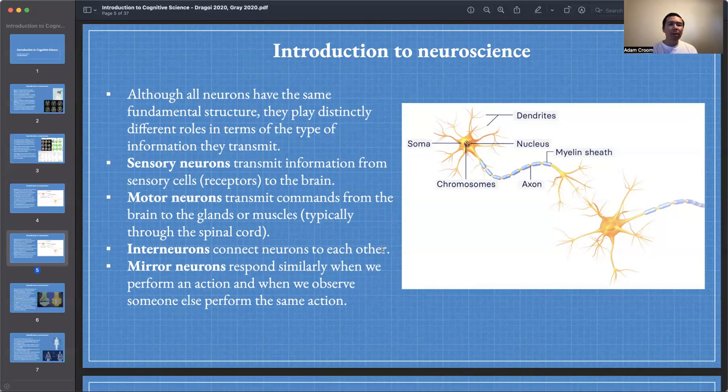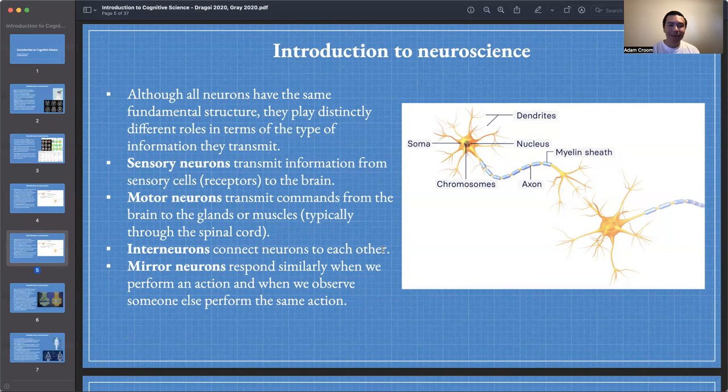Although all neurons have the same fundamental structure, they play distinctly different roles in terms of the type of information they transmit. Sensory neurons transmit information from sensory cells or receptors to the brain. Motor neurons transmit commands from the brain to the glands or muscles. Interneurons connect neurons to each other.